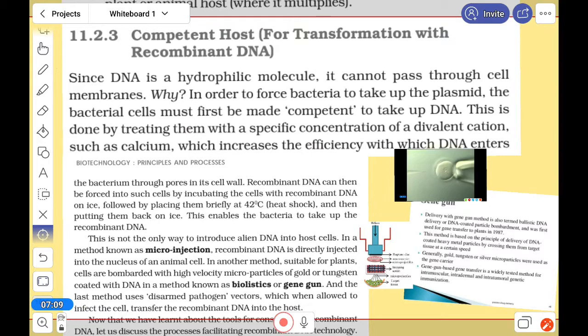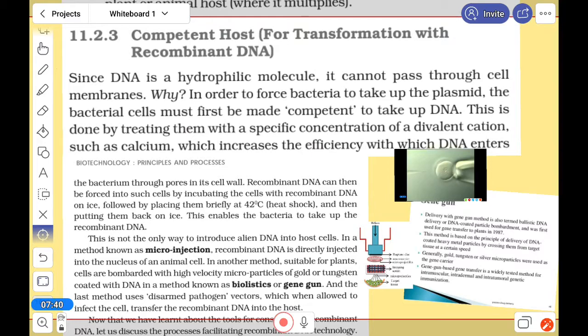In the case of recombinant DNA, it is forced into the cell by incubating the cell with the recombinant DNA on ice. You know that calcium chloride and some other things are used to force it, then a 42°C heat shock, and then putting the cells back on ice. This enables the bacteria to take up the recombinant DNA. So these are the methods.